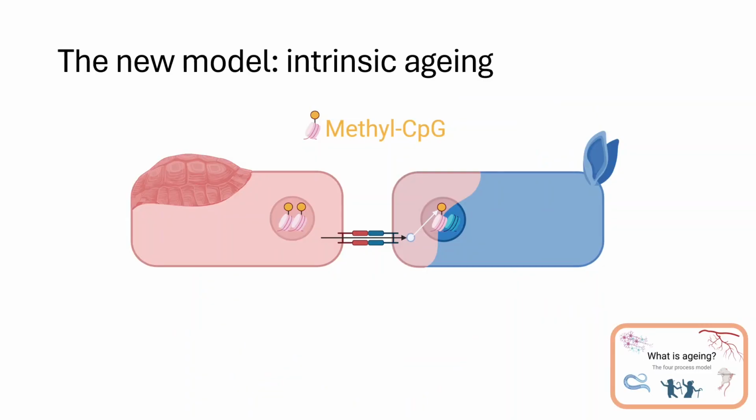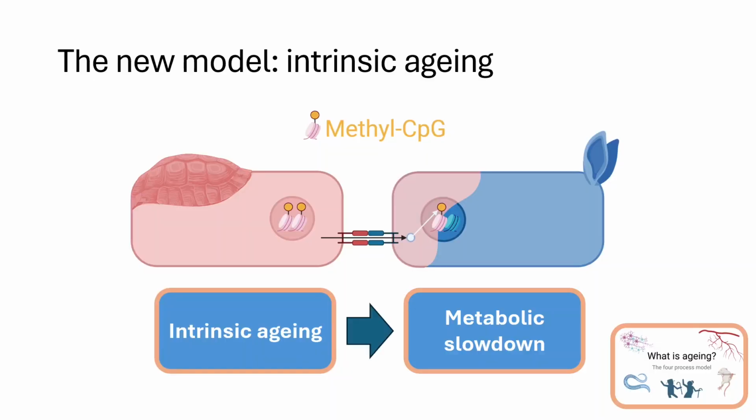Now, our second process that we discussed in What is Aging was intrinsic aging, which is where our slower cells identify cells around them that are metabolizing and growing faster, and they induce these epigenetic marks which slow them down. And this was intrinsic aging, and it led to metabolic slowdown.